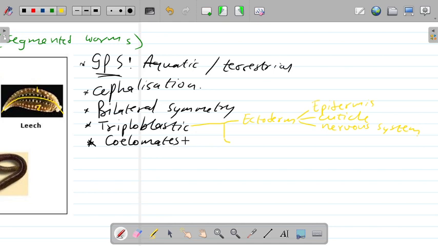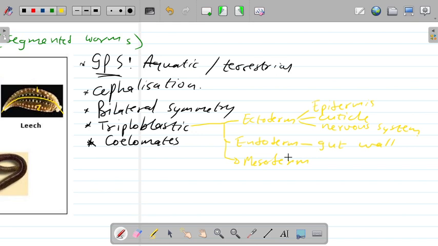That is the ectoderm. Then the gut wall arose from the endoderm. So the endoderm gives rise to the gut wall of these organisms. All the other tissues come from the mesoderm.